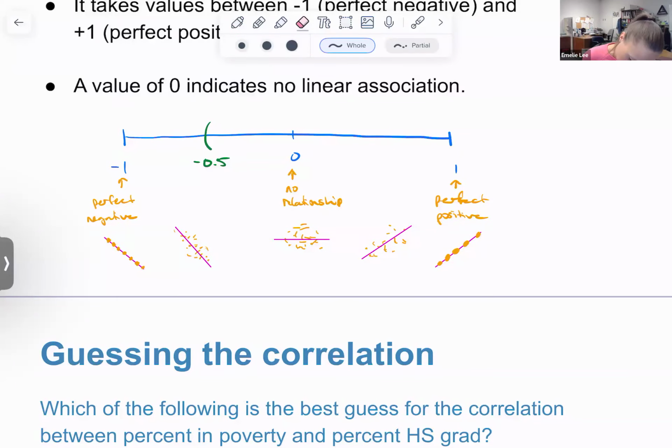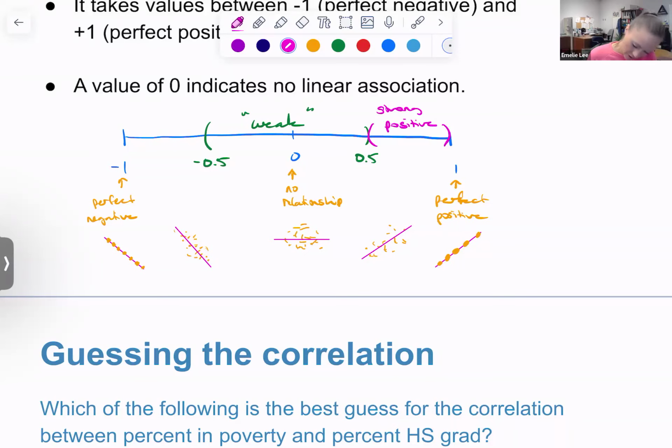So here, between negative 0.5 and 0.5, I would call it weak, just generally weak, no real relationship. Whereas here, kind of 0.5 to 1, I have a strong positive relationship. And here, from negative 1 to negative 0.5, I have a strong negative relationship.